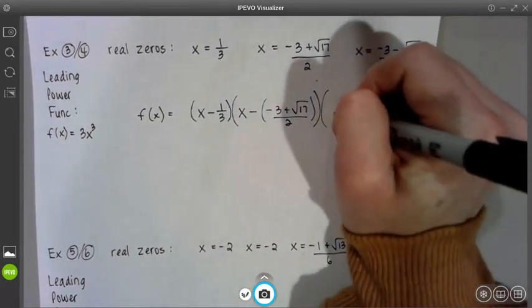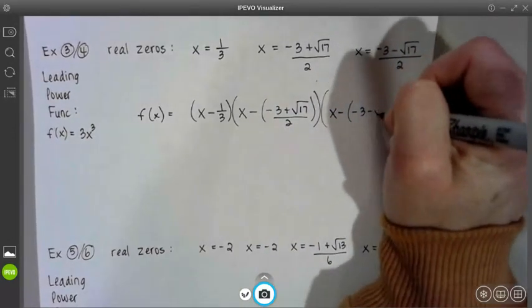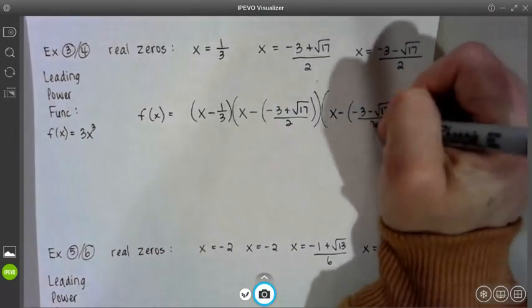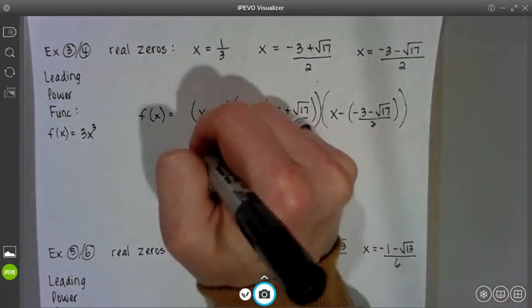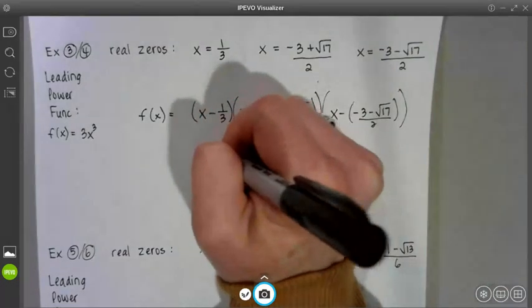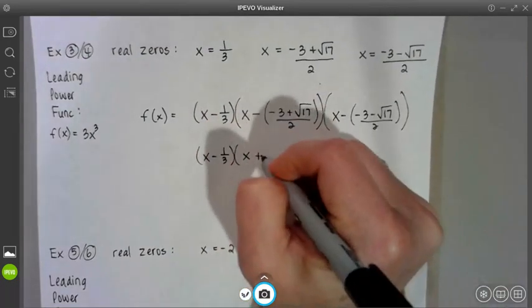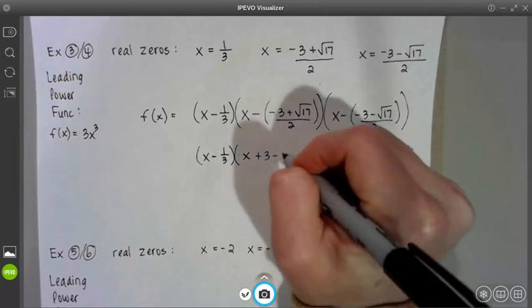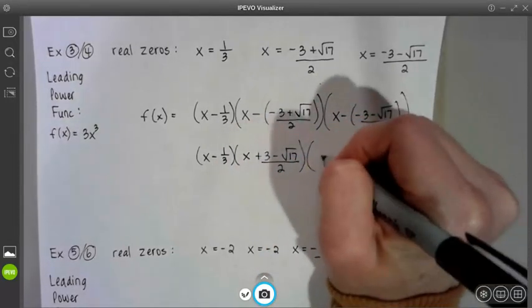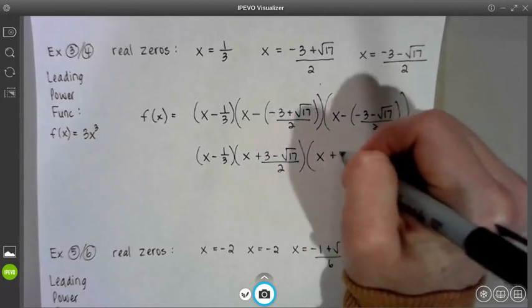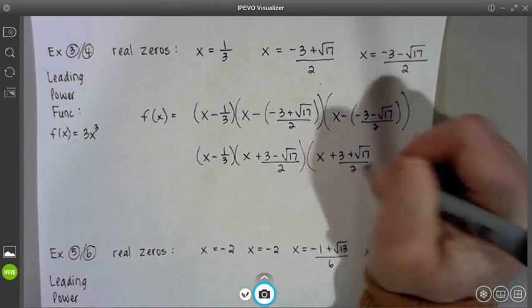And then x minus, and then -3 minus root 17 over 2. I'm just going to clean this up. So now I get x minus 1/3 times x, if I just root my negative, that's going to be plus 3 minus root 17 over 2. And then it'll be x plus 3 and then plus root 17 over 2.